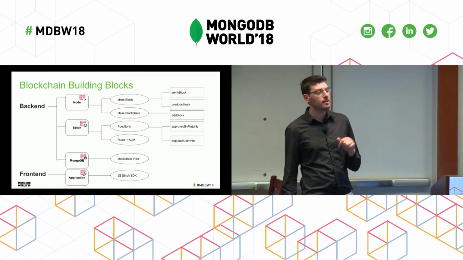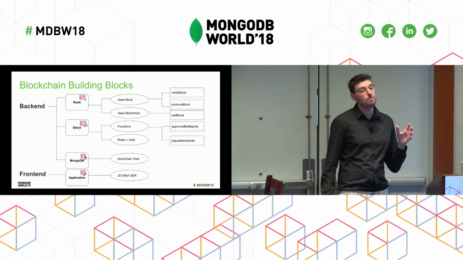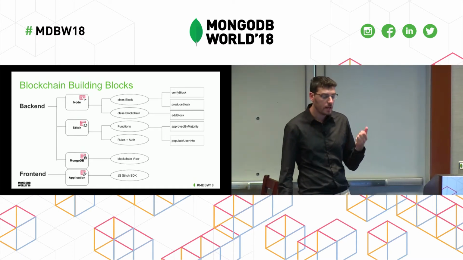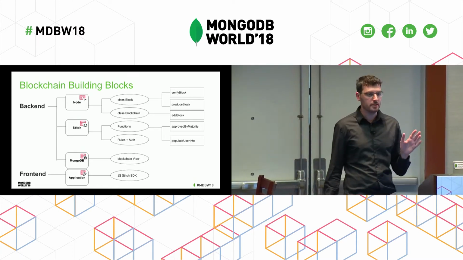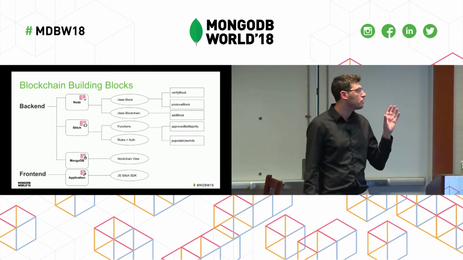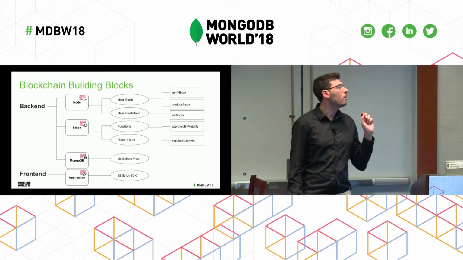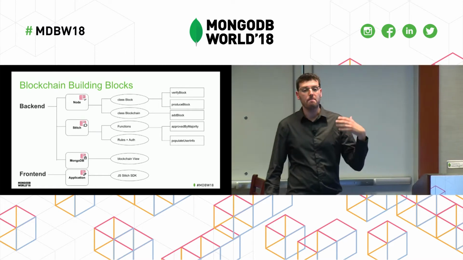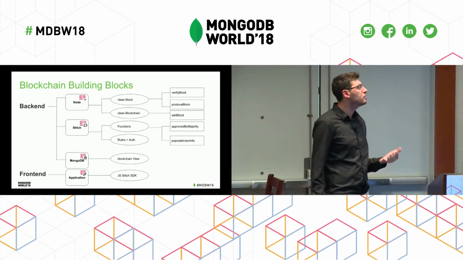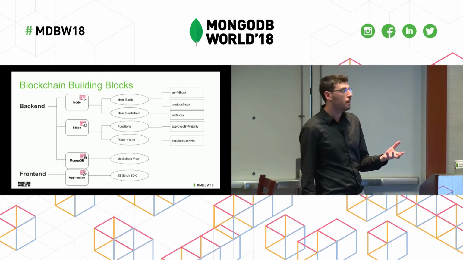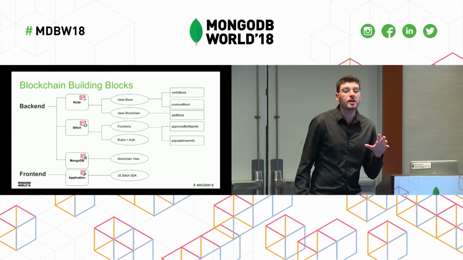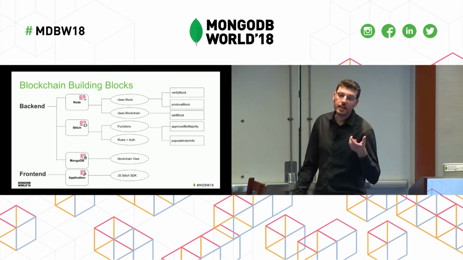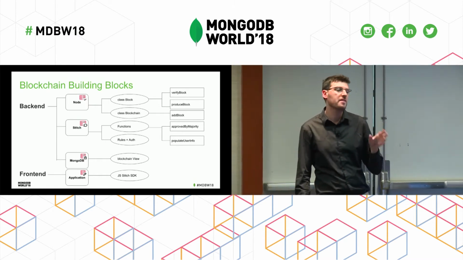There are two main classes here. One class represents a block, and it has two main methods. It has a little bit more, but those are the two main ones. So verify a block means that I can verify that my hash is what I expect it to be, and produce a block, which is basically calculate the needed hash, the signed hash with the nonce.